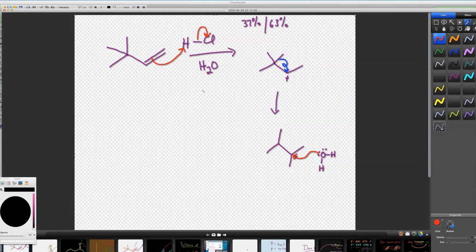Okay, so let's keep track of our steps. Step 1 is a proton transfer. Step 2 is an intramolecular rearrangement. Step 3 is nucleophilic attack.